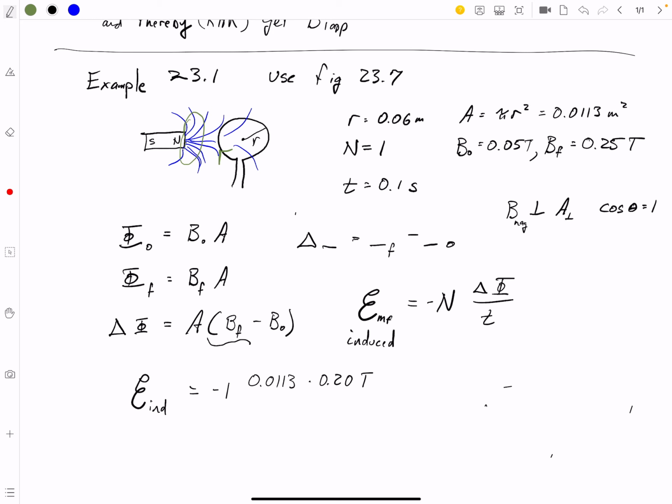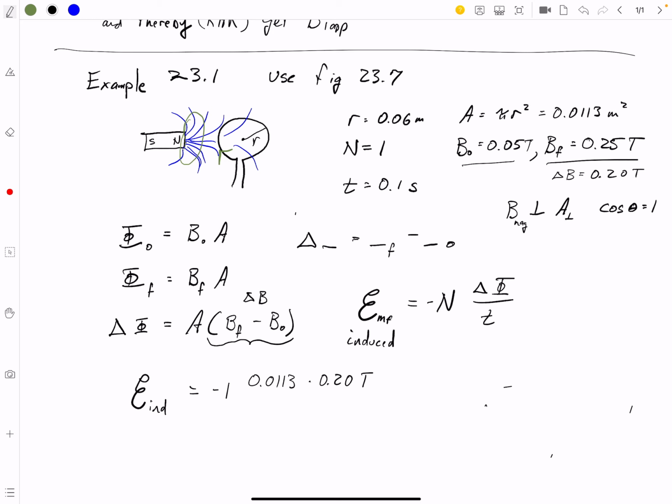I calculated this, okay. Basically, we're taking this final and subtracting off the initial. Delta B is equal to, and this is delta B right here, by the way, 0.20 Teslas.